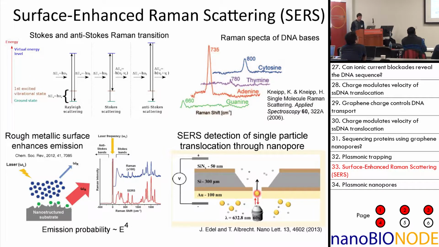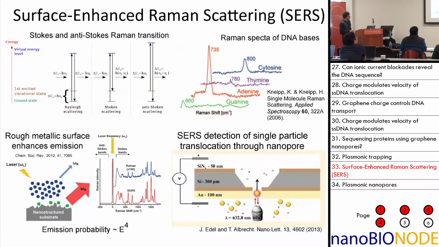Now, this piece of information is Raman spectra of different bases. So you're looking at G, A, T, and C. And this is the so-called Raman shift. That's basically by how much this relaxation is off from its input value.